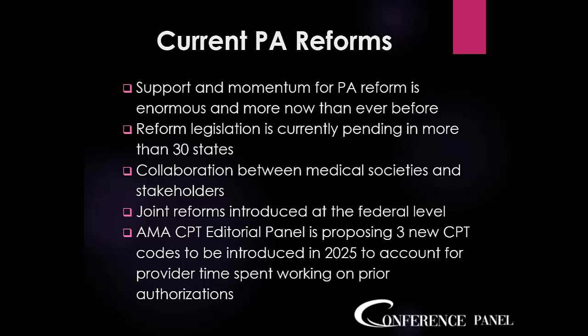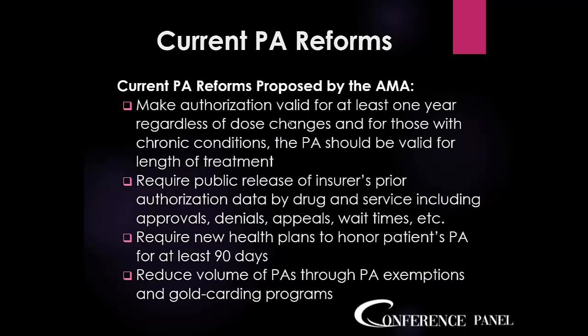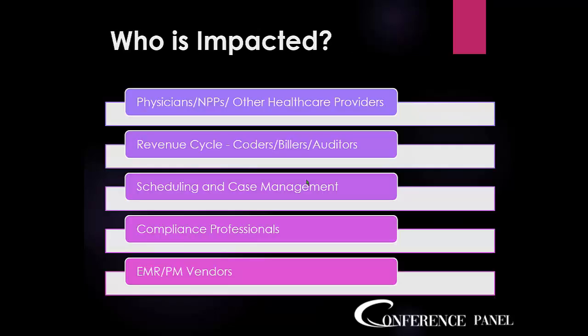There's a lot of hope. There's more support and momentum for prior authorization reform now than ever. Reforms being proposed by the AMA are quick response times, so they want 24-hour turnaround times for urgent requests, and authorizations valid for at least 1 year. So who's impacted? Our doctors, our healthcare providers, of course, coders, billers, and auditors.